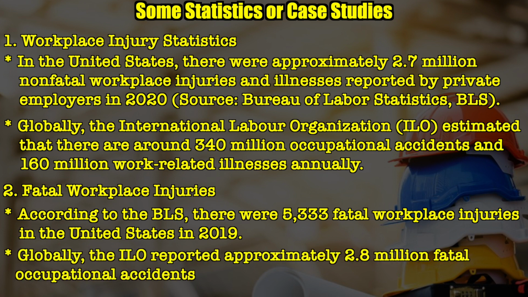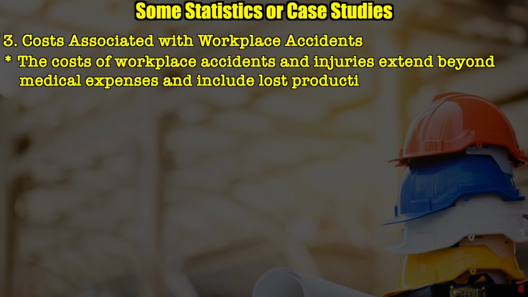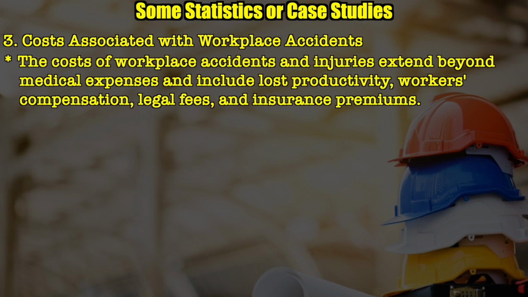Globally, the ILO reported approximately 2.8 million fatal occupational accidents annually. Third one is cost associated with workplace accidents. The cost of workplace accidents and injuries extends beyond medical expenses and includes lost productivity, workers' compensation, legal fees, and insurance premiums.